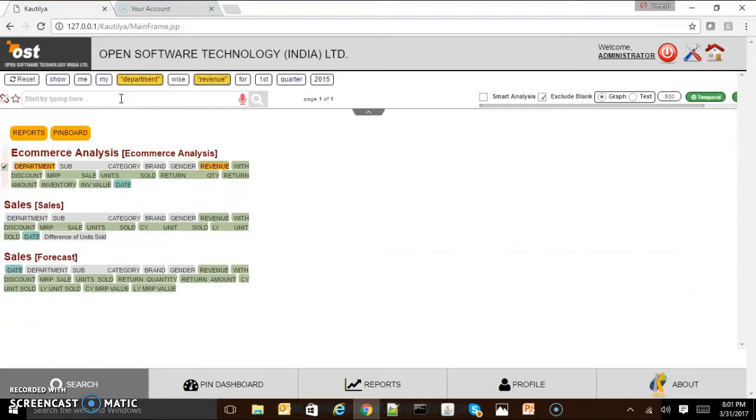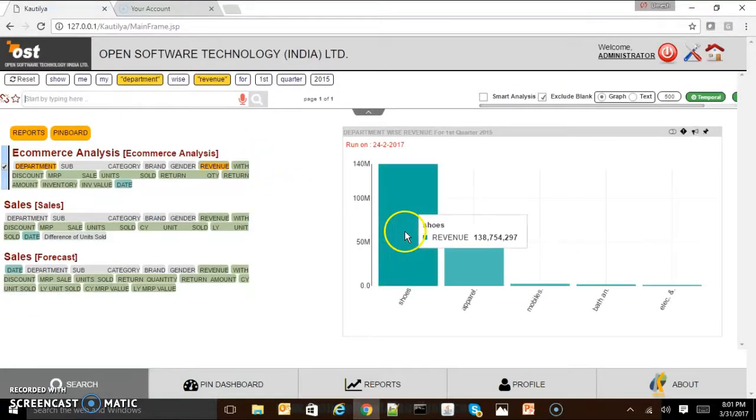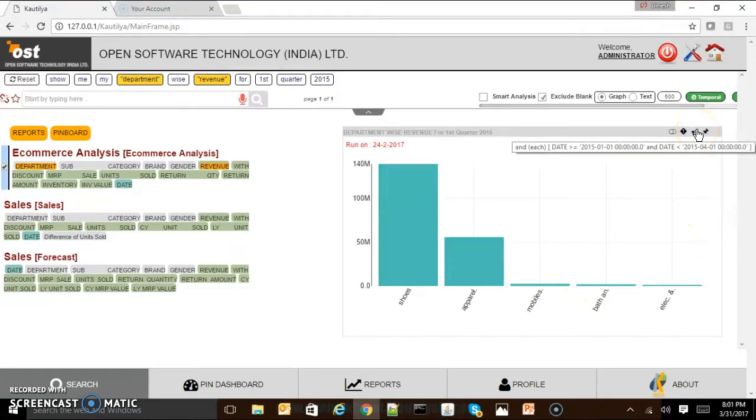So let's see if we just write this question over here. So immediately the tool gives me the revenue for each of the first quarters over here. And if I take my cursor to the notification bar, it says I understand first quarter is from 1/1/2015 to 1/4/2015, which actually is the correct answer. So I know that what I'm doing is correct.